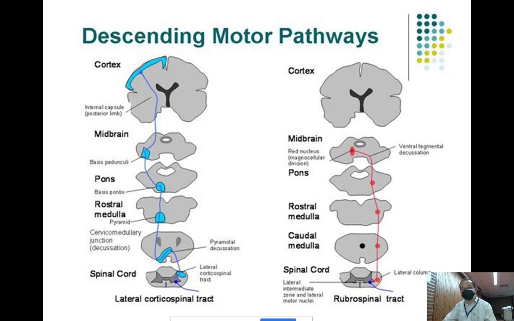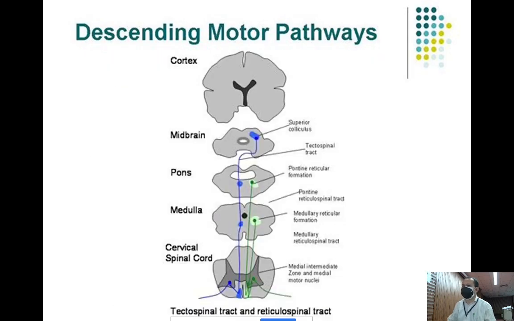Because they control the axial and the proximal muscles. The axial muscles, muscles in the trunk, abdomen, and the proximal muscles of the limbs. But the rubrospinal tract controls the distal group of muscles, mainly the flexors. So they're going to excite the flexors and inhibit the extensors.